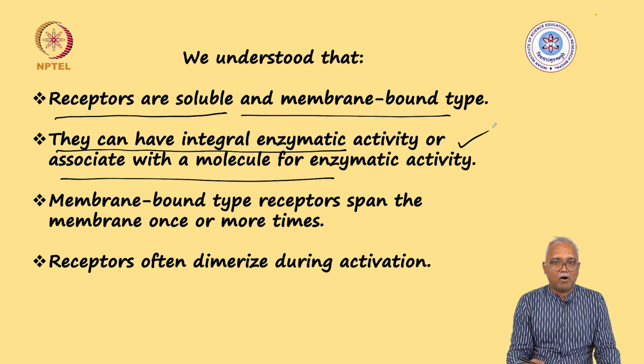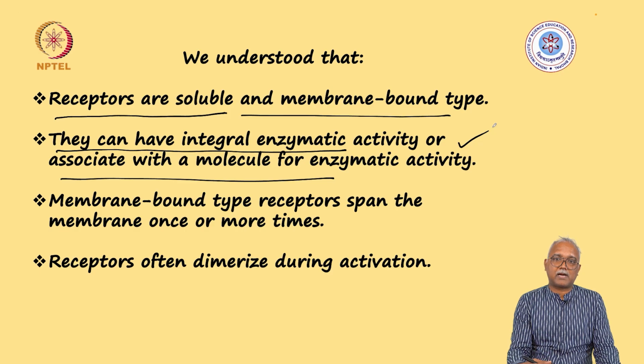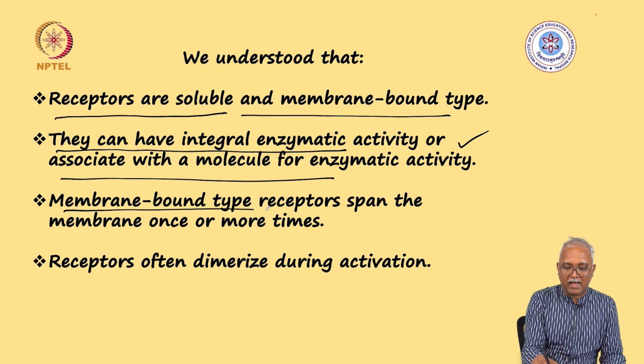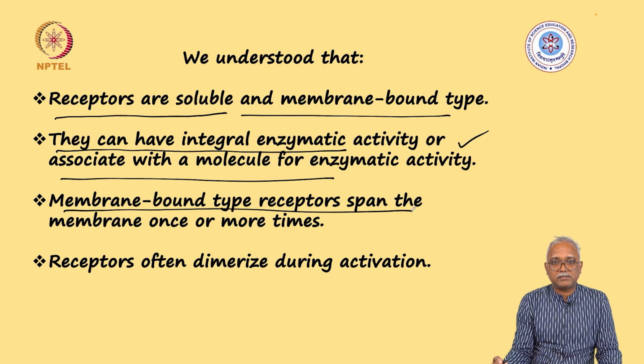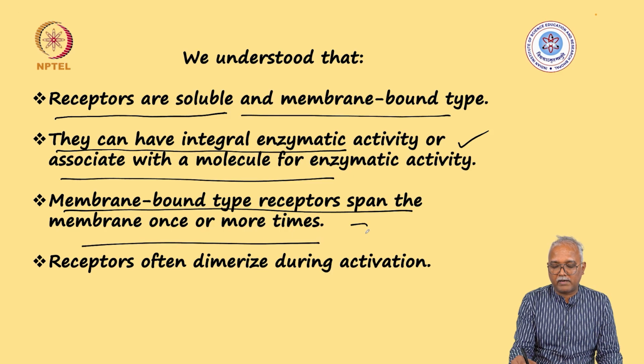And we saw that often the kinase is the prominent enzymatic activity which is associated. We also saw that there could be a GTP binding and hydrolysis kind of activity which is associated with the receptor. The membrane bound receptors span the membrane either once or more than once. We saw cases where they are spanning as many as 7 times.